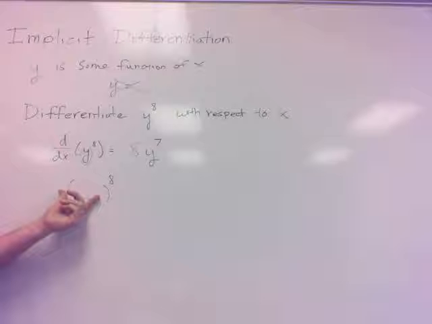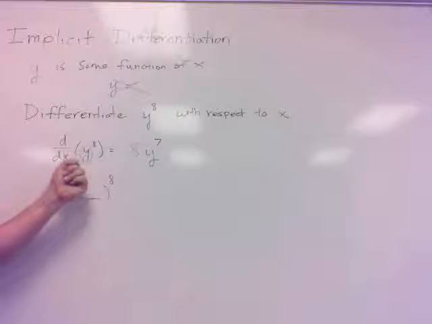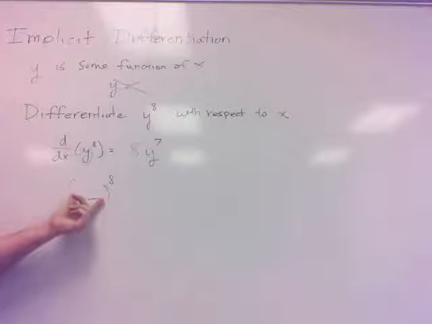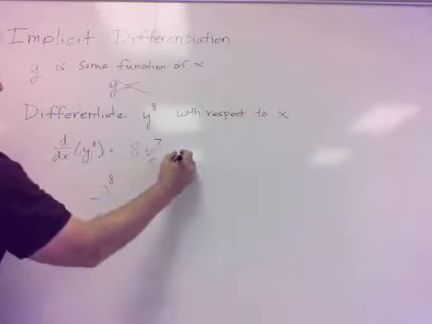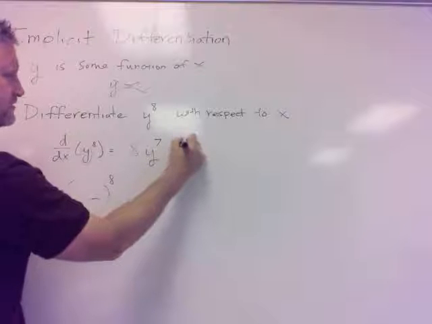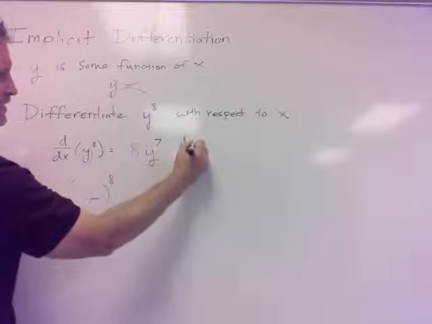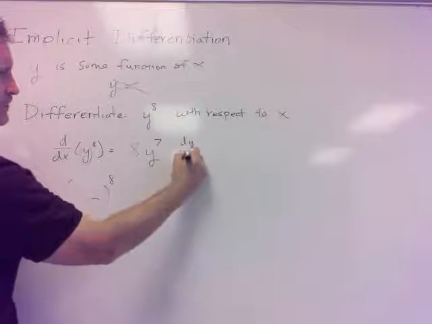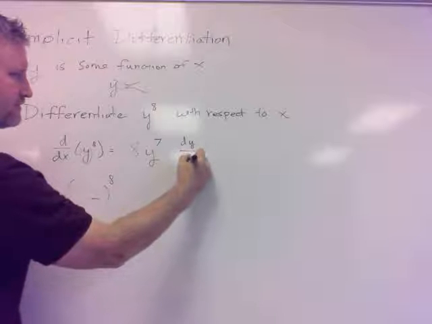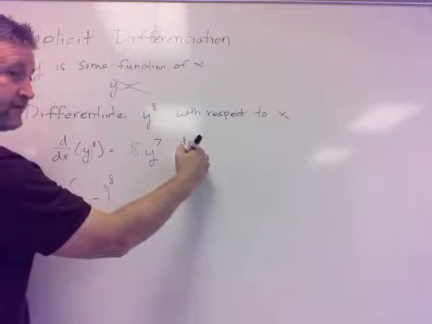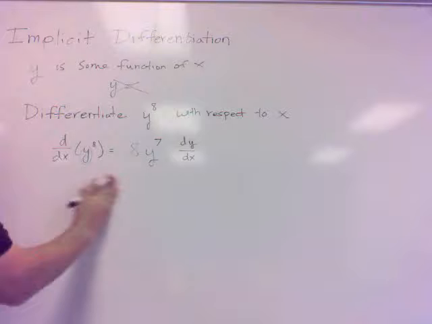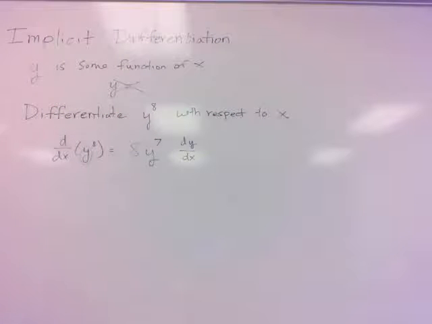So what else do I have to do? Does that remind you of the chain rule? By the chain rule, I also have to think about the inside part, y, that I don't know exactly what it is. I've got to somehow document that. So I need to also do the derivative of y with respect to x by the chain rule. I need to have that documented somewhere down there.